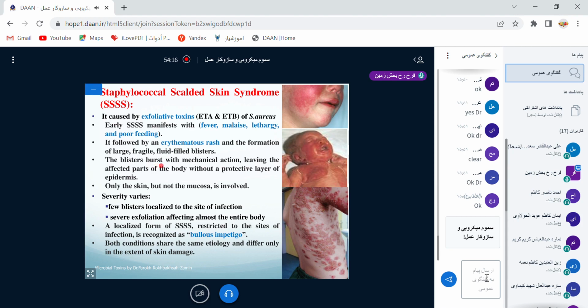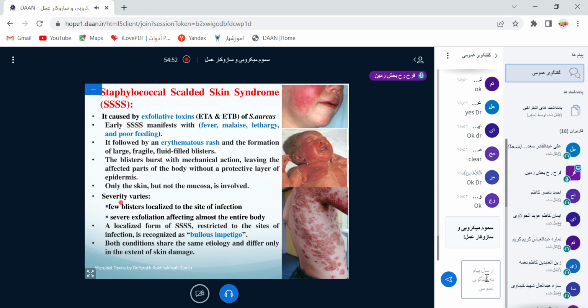So the blisters burst with mechanical action. By itching, by rubbing, by finger, by nail, infants and children push and take off the skin, leaving the affected parts of the body without a protective layer of epidermis. Only the skin, but not the mucosa, is involved in this situation.